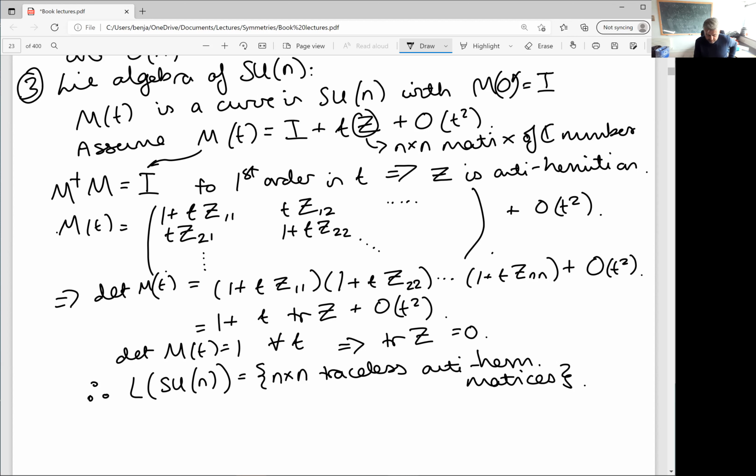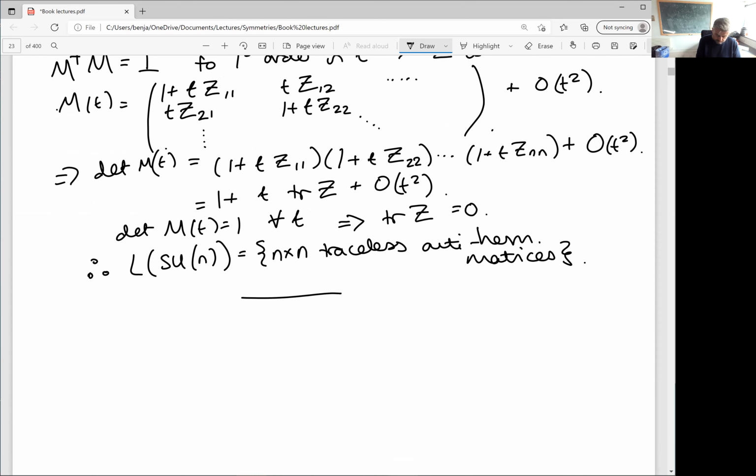Because again, if we take the derivative of this M with respect to T, in the first order terms, we get this traceless, anti-Hermitian matrix. So, okay, good. Those are our examples finished.